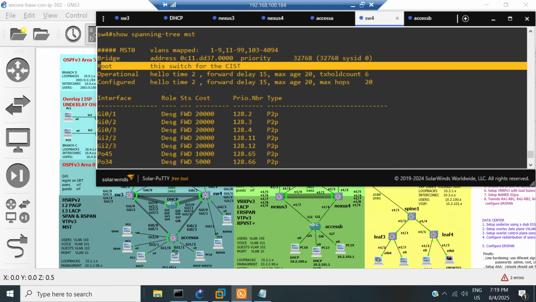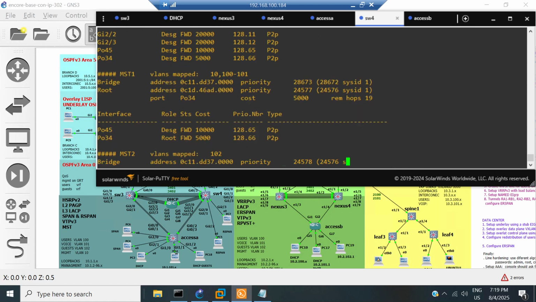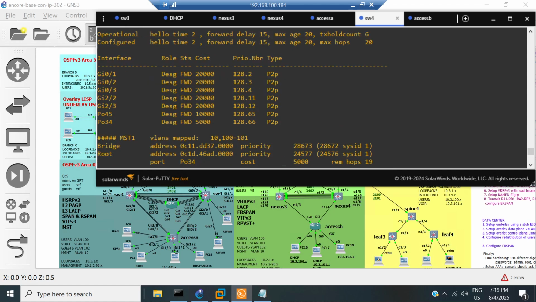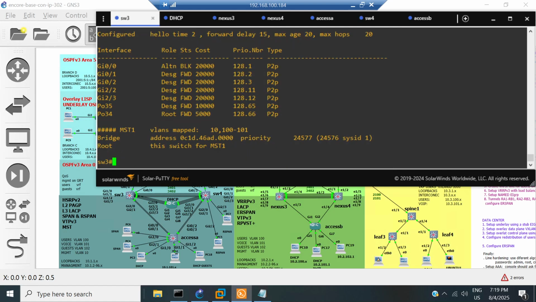This will matter if we had several regions, but just in case you have several regions, you could use show spanning tree MST to know which switch is your regional switch, which one is your CIST root switch, and so on. So far so good. Okay, that's it.